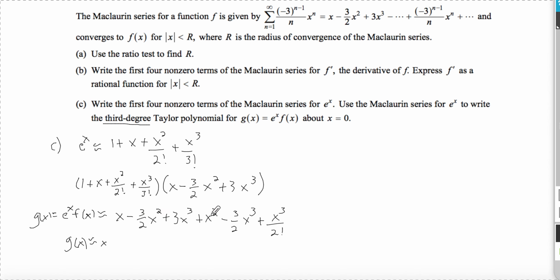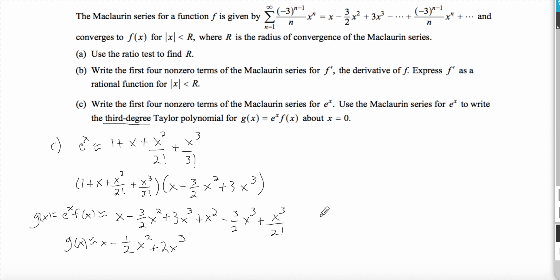So negative 3 halves plus 1 will give us minus half x squared. For the cubed terms, this is 3x cubed minus 3 halves x cubed plus x cubed over 2. So negative 3 halves x cubed plus half x cubed will give me minus x cubed. This will give me 3x cubed minus x cubed. Combining those will give us plus 2x cubed.